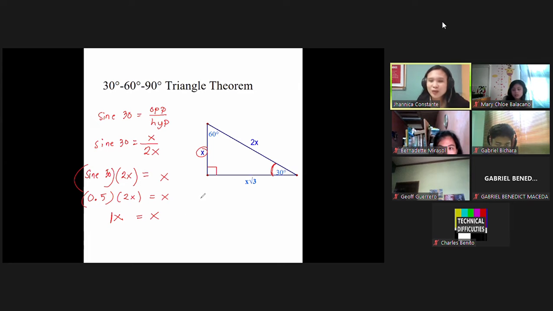Means the value of the side x is equal to 1. Since 0.5 times 2 is equal to 1, the measurement of the opposite side of the angle 30 degrees is equal to 1.